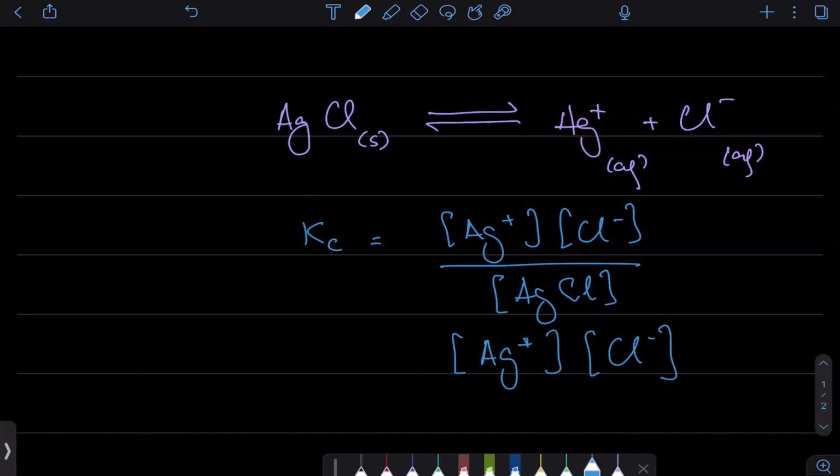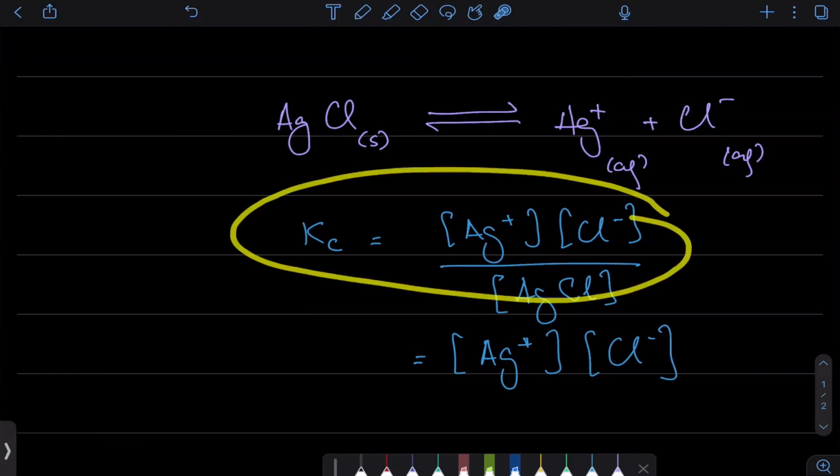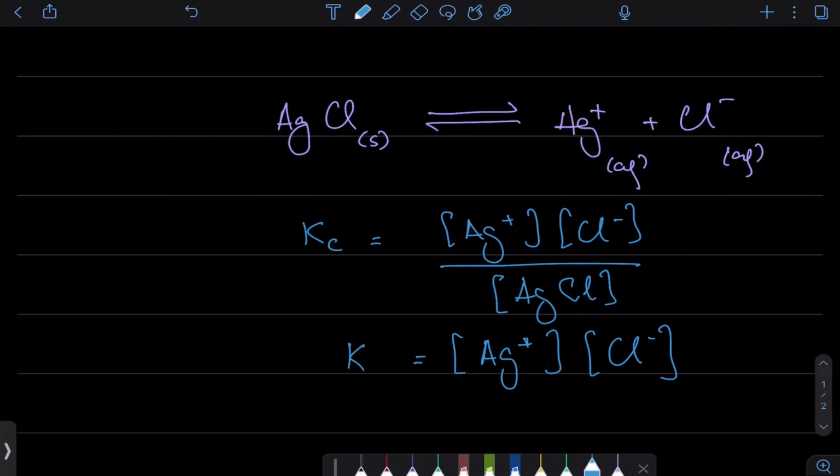And this is not Kc anymore, because it doesn't follow the same idea, so we give it a different name. We call it the solubility product. This is the multiplication of the dissolved ions. So Ksp. And this is the solubility product of the equilibrium that is established of something that is dissolved, but not so much.